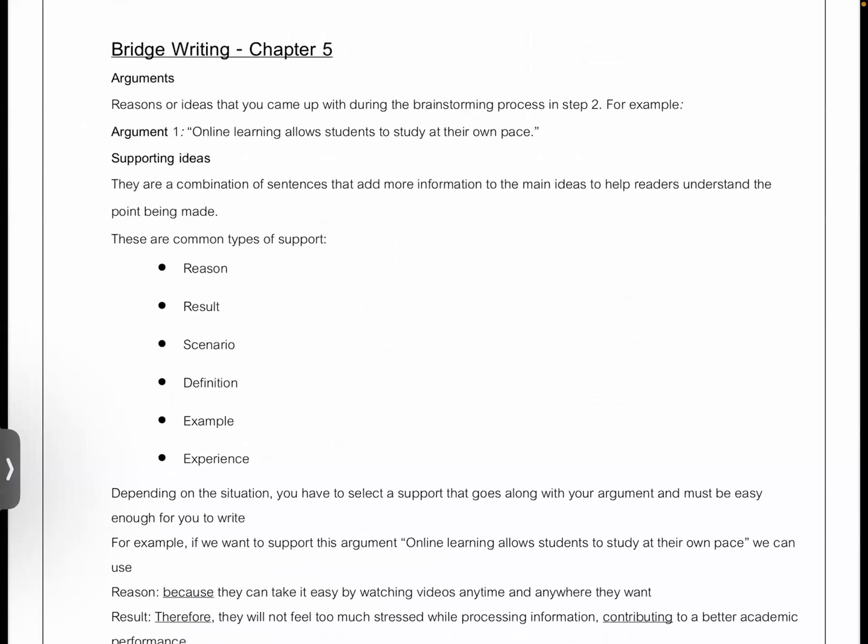All right. And one benefit of online learning is that it allows students to study at their own pace.